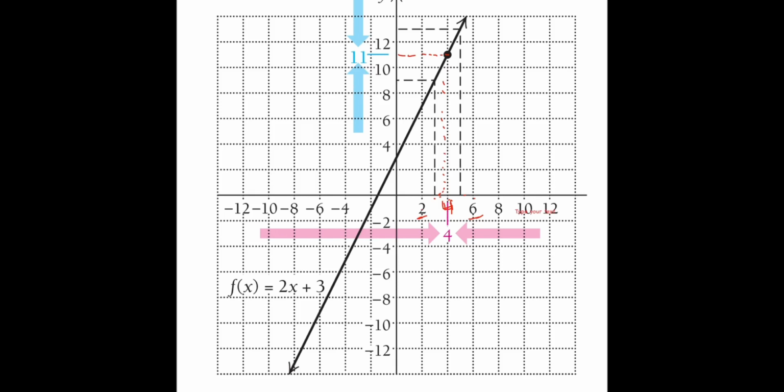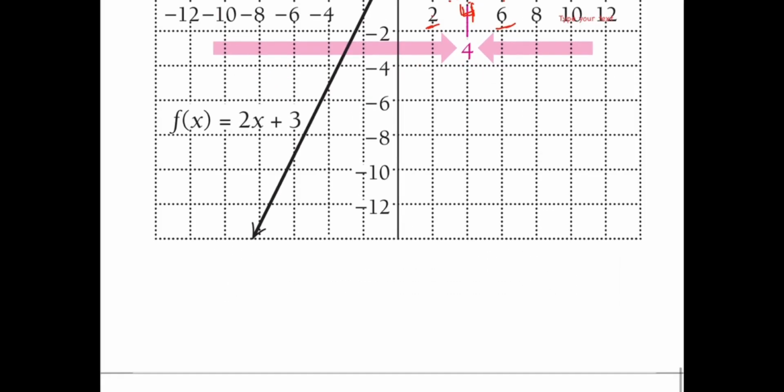You can also observe that as x approaches 4 from the right, the function value y is also approaching 11. Therefore, for the graph of 2x plus 3 with x approaching 4, the corresponding y value also approaches 11.